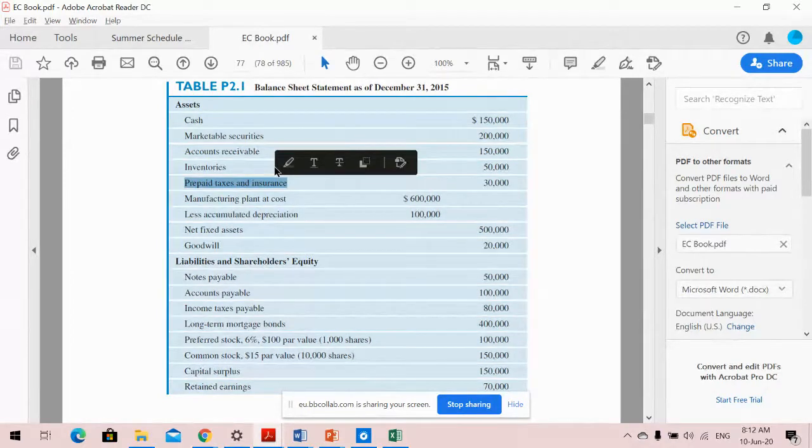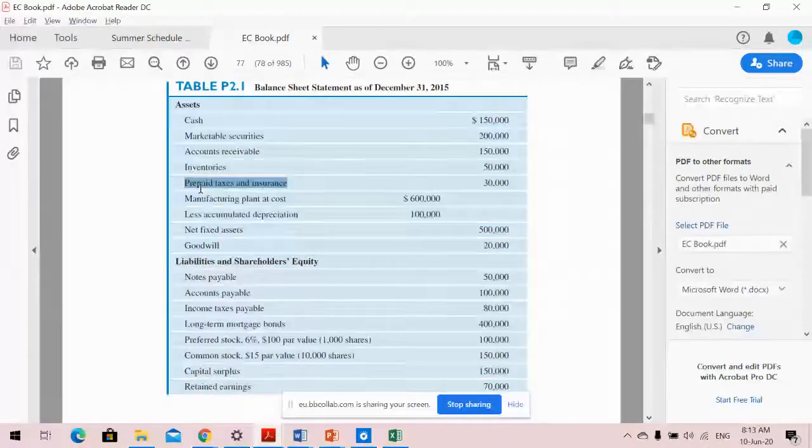Whenever you see the word prepaid, this is very important, it is an asset. Prepaid rent is an asset, your resource. Prepaid or advances, this is very important.